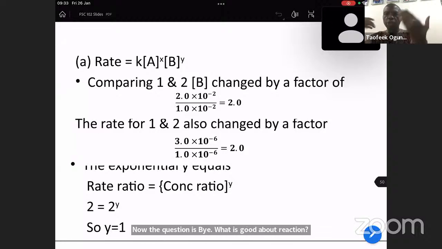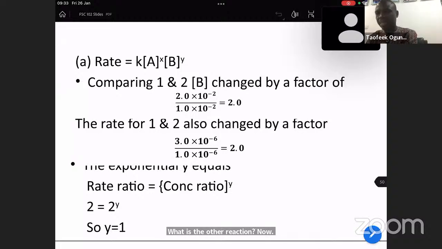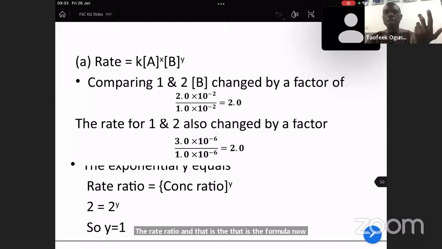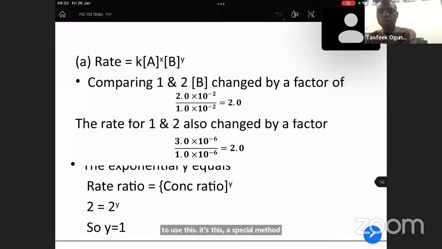The formula to use for this inspection method is: the rate ratio is equal to the concentration ratio raised to the power of the order of reaction.